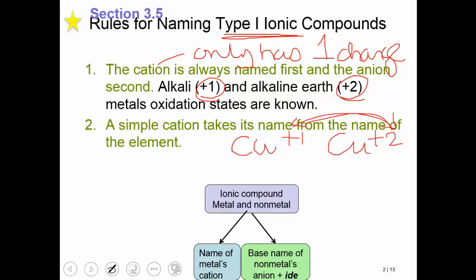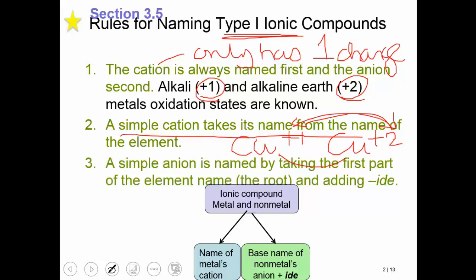There are 2 different charges that copper can have depending upon what it bonds with. And so that would be called a type 2 ionic compound, where your metals have more than 1 charge that they can possess when combining with something. So the cation always takes the name from the element.